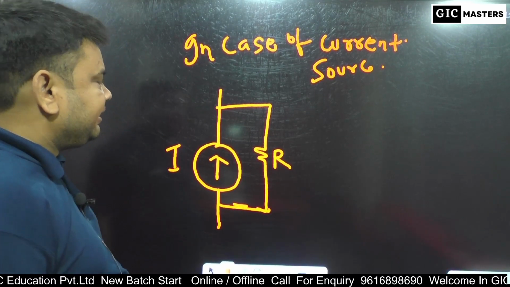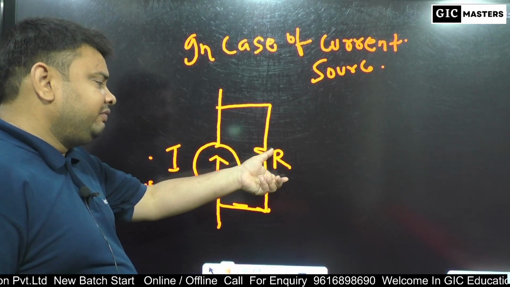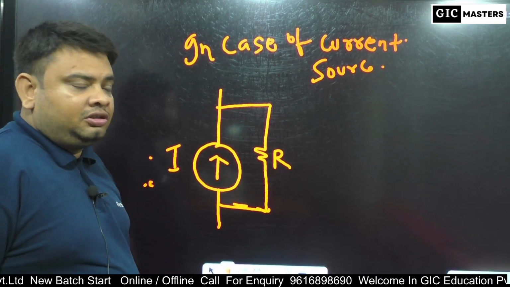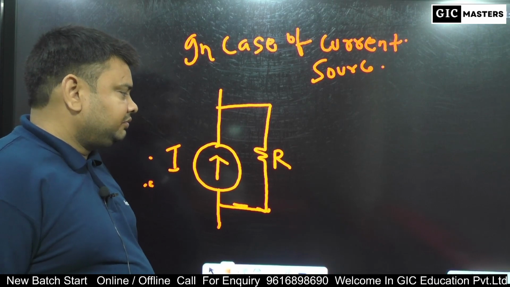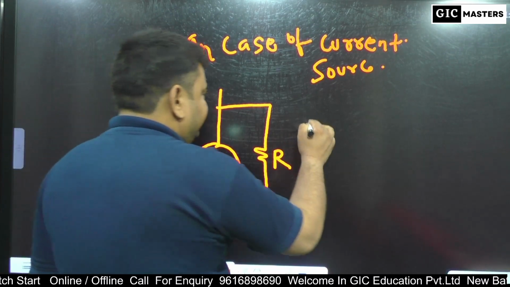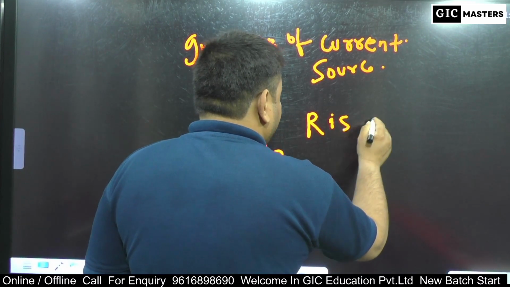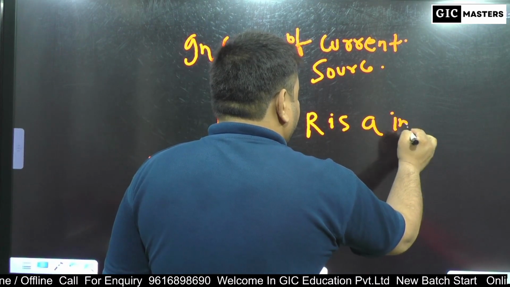In case of a practical source, this current source is connected in parallel with this resistance R. This R is the internal resistance of this current source.